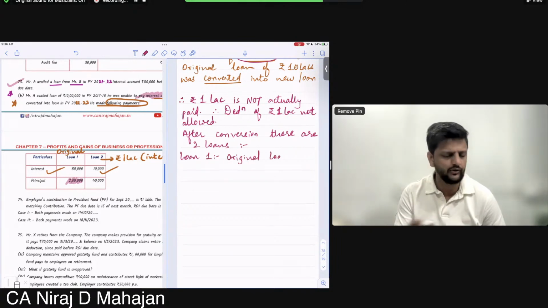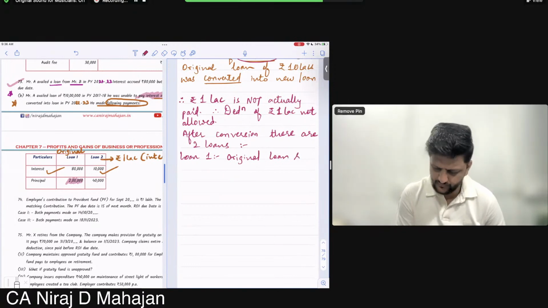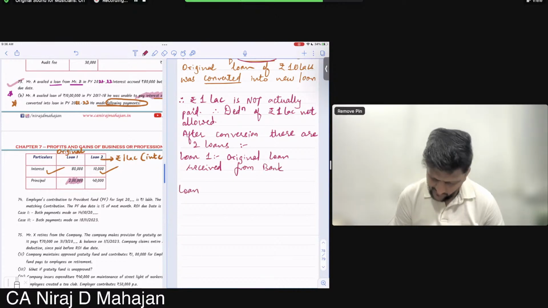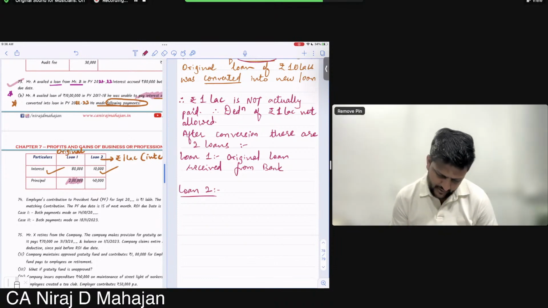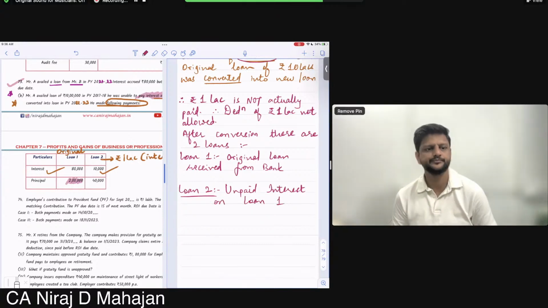I'm using the word bank only now because I'm assuming here. And loan 2. Unpaid interest. What is loan 2, children? Unpaid interest on loan 1. Clear till here?